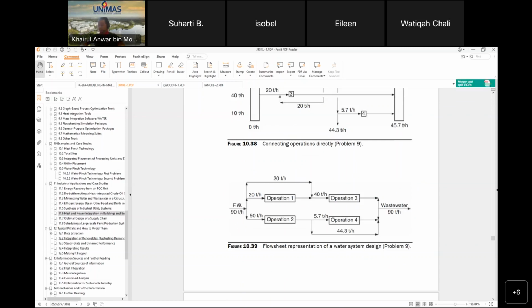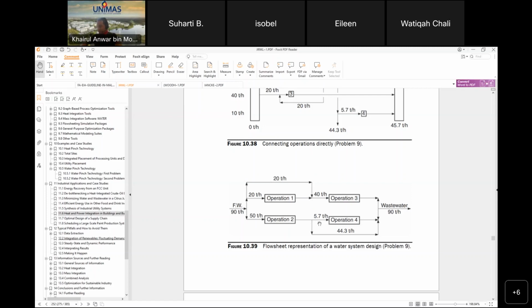From the 90 ton fresh water, 20 ton per hour goes to operation 1, 50 ton per hour goes to operation 2, then 20 ton from the 90 ton fresh water goes straight to operation 3, using add-up water after operation 1.